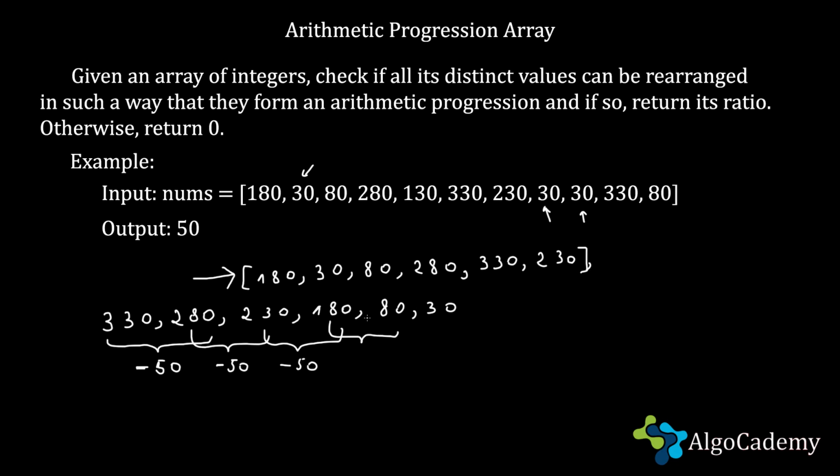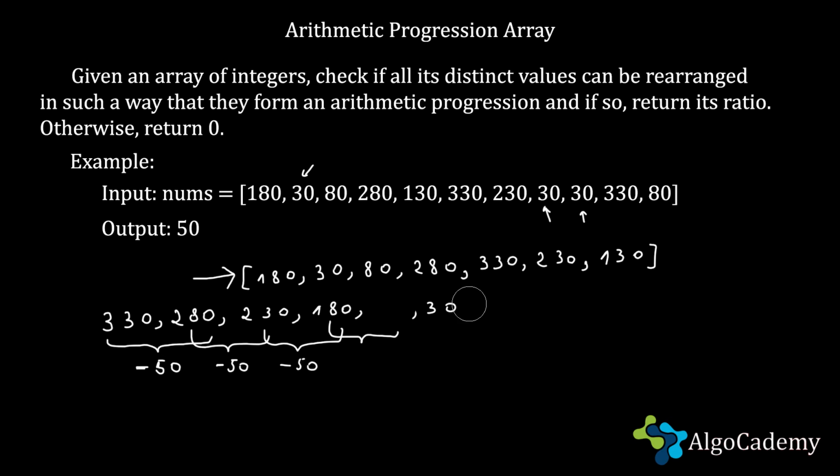Well, I don't like what happens here, actually. It's not minus 50. And why is that? That is because I have forgotten to write the 130 here. So you might have noticed this. I'm sorry about it. No problem. Let's also add the 130. I forgot to add it when taking the distinct values.